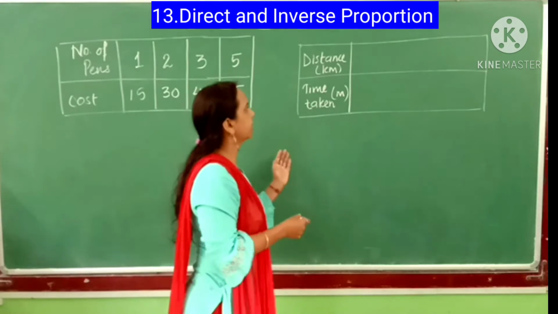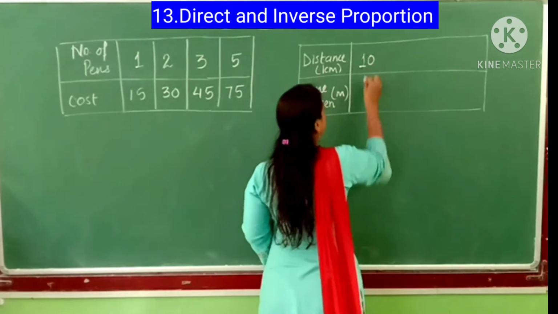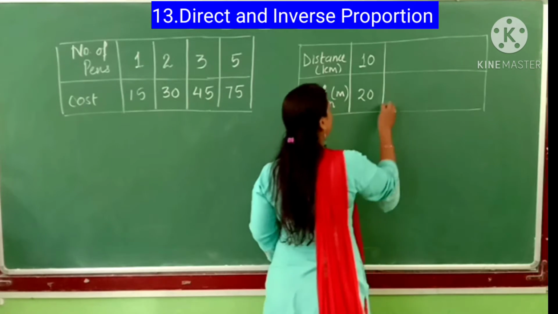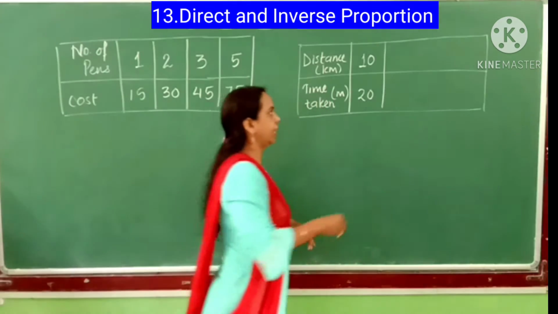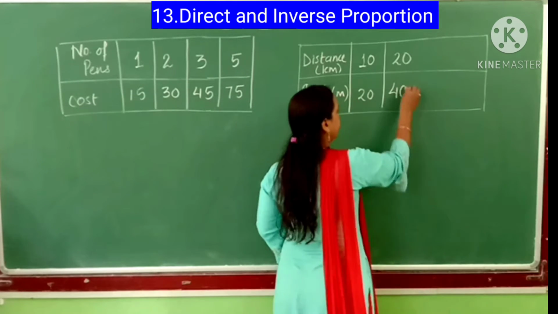If the distance covered by a vehicle is 10 km, it is 20 minutes. What will it be for 20 kilometers? It's going to be 40 minutes.